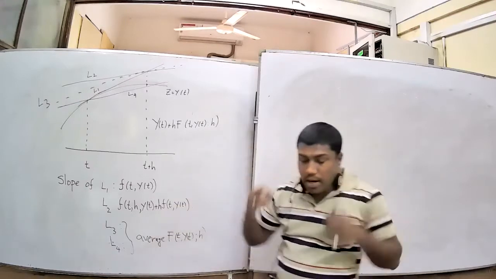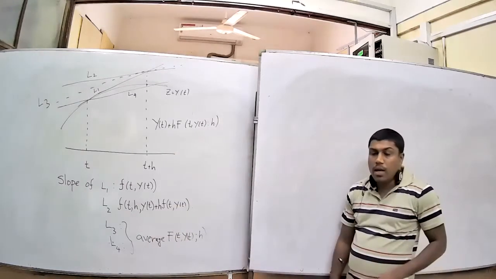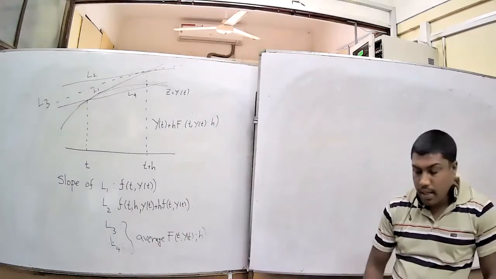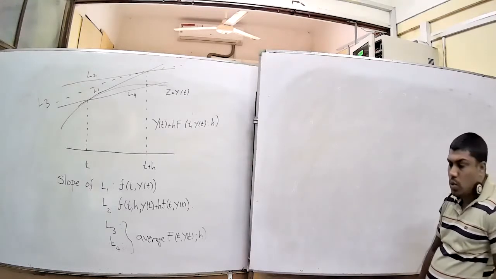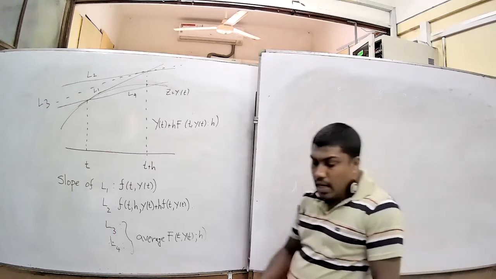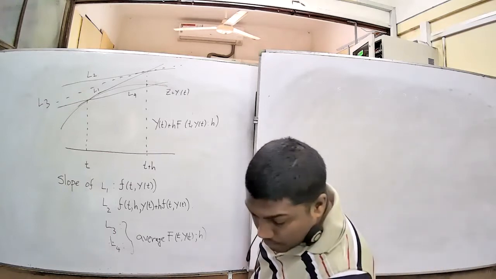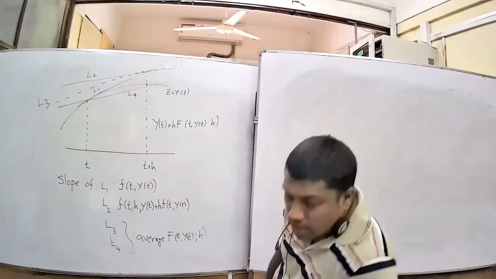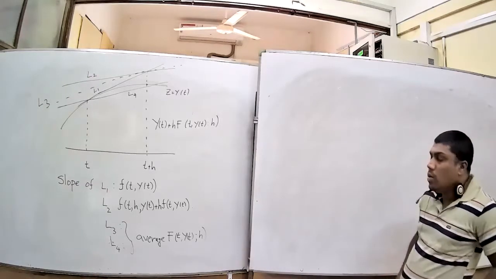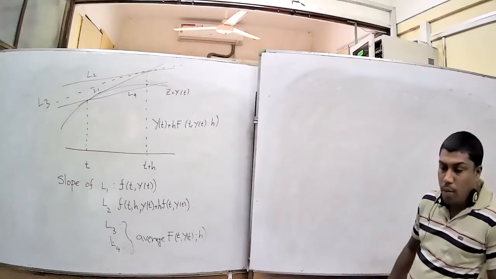All right, so last time we talked about the Runge-Kutta method. We talked about the Runge-Kutta method of order 2, and we see that it is basically about determining the coefficients alpha, beta, b1, b2 in the standard formula.